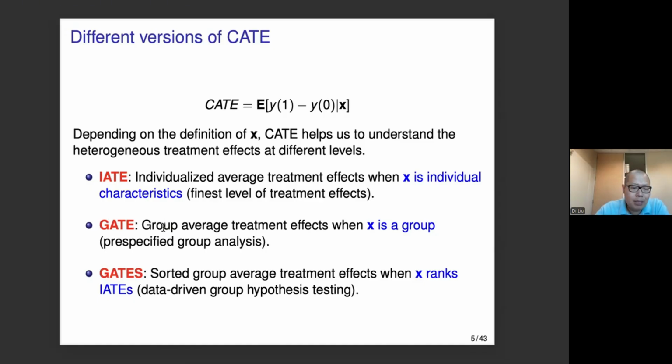G represents group here. And finally, if X represents data-discovered groups, the data rank the individual average treatment effects, IATE, and put them into different groups. The first group has the largest IATE quantiles, the second group has the second largest, etcetera, and then you have data-sorted groups. So we can learn the sorted group average treatment effects.